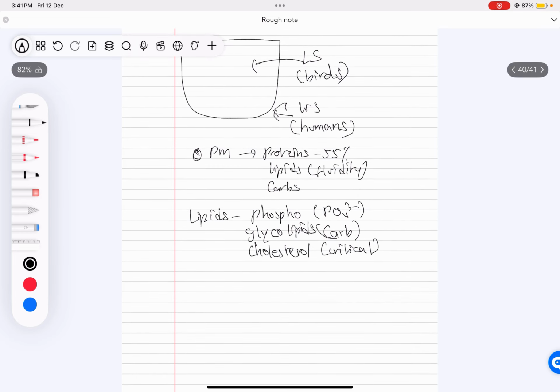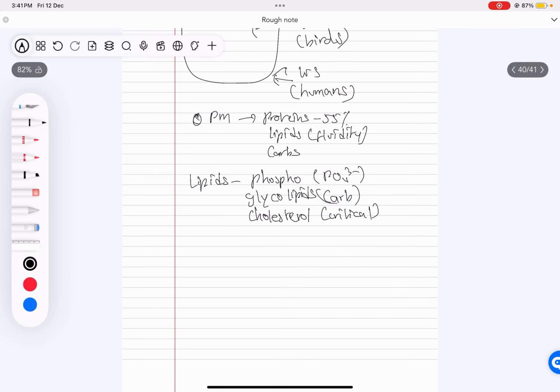Now we are going to talk about some substances like phosphatidyl serine and phosphatidyl choline. Phosphatidyl serine helps in apoptosis.